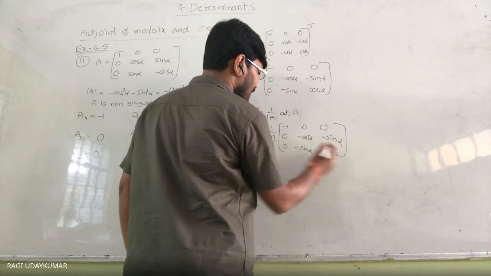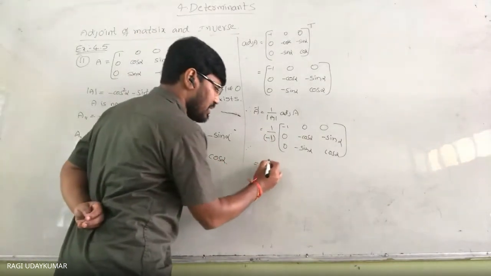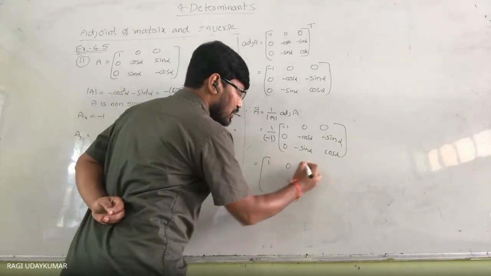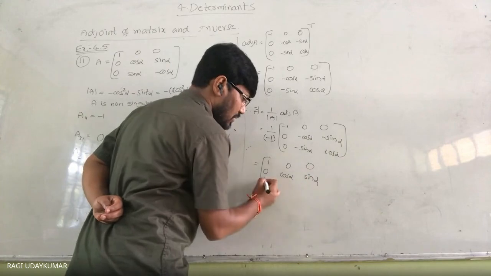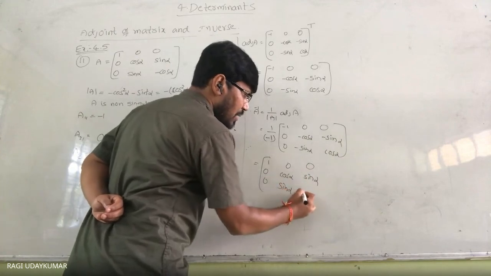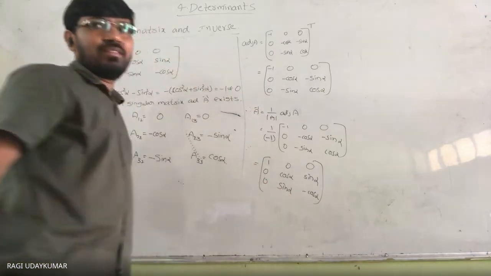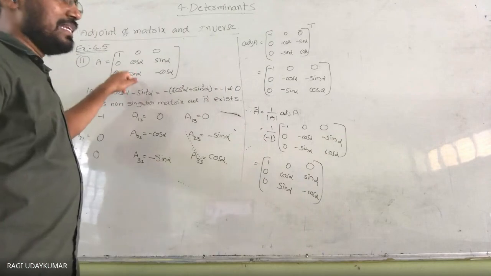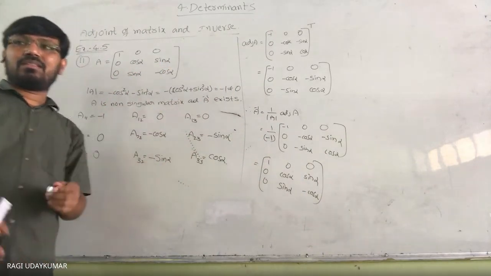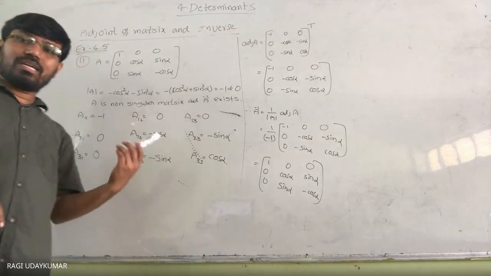Multiplying inside by minus 1, we get 1, 0, 0, 0 cos alpha sin alpha, 0 sin alpha minus cos alpha. The inverse is the same matrix. This matrix is its own inverse.